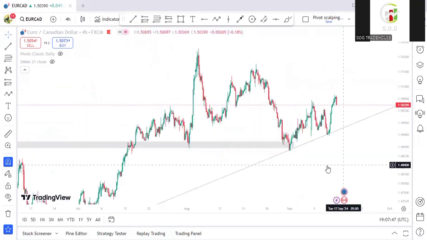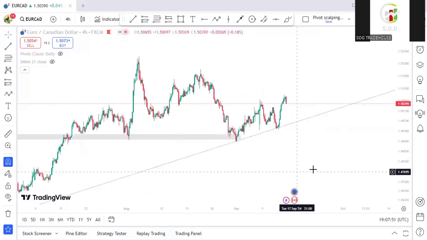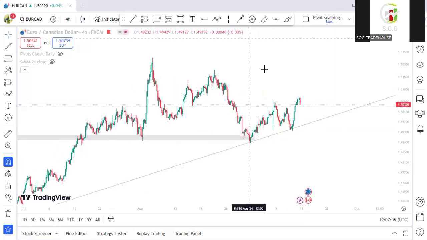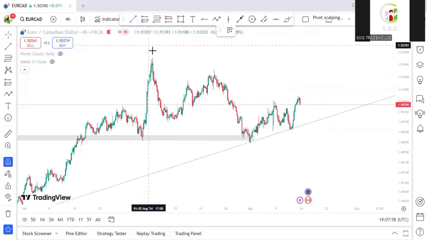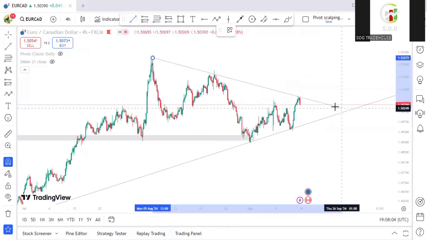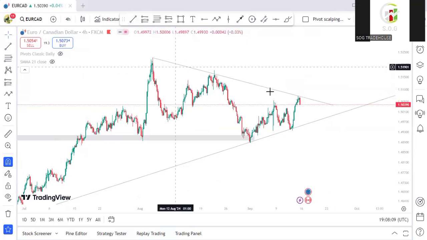So let's see how we can join the move to the upside. Basically EURCAD is bullish, so we should be looking for buys. Before then, we can also connect those highs and see what's happening on EURCAD. You can see EURCAD is also expecting this uptrend line here.